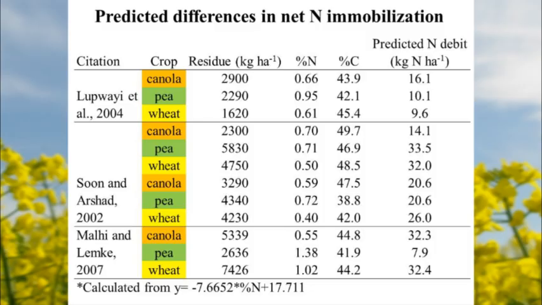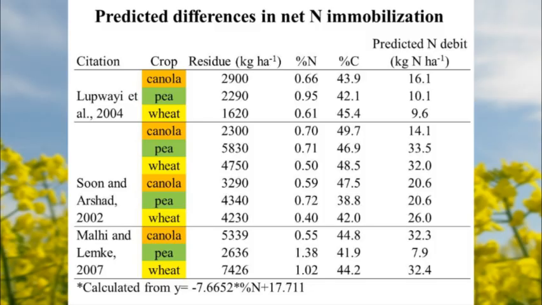This graph right here was taken from three groups of Canadian researchers. They only grow spring wheat, and their straw yields are a lot lower. But you can see that this interaction is important, because in the first case, you would predict that canola, based on its characteristics, would tie up more nitrogen than pea and wheat.